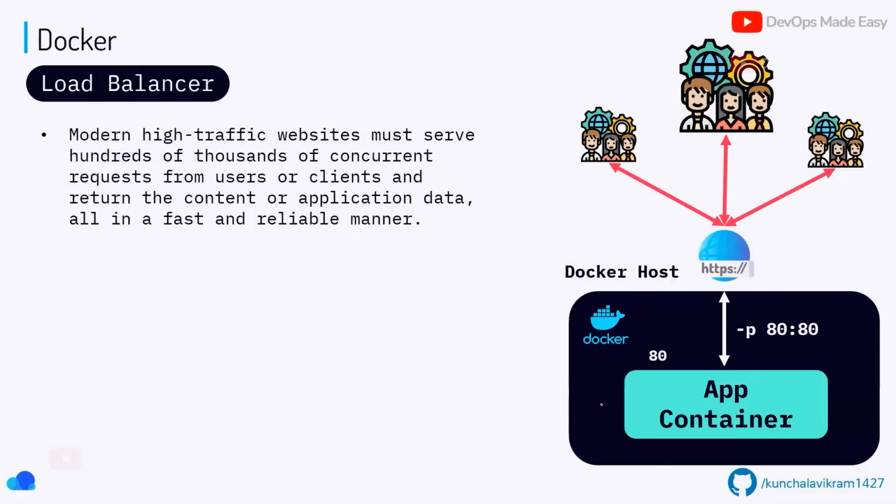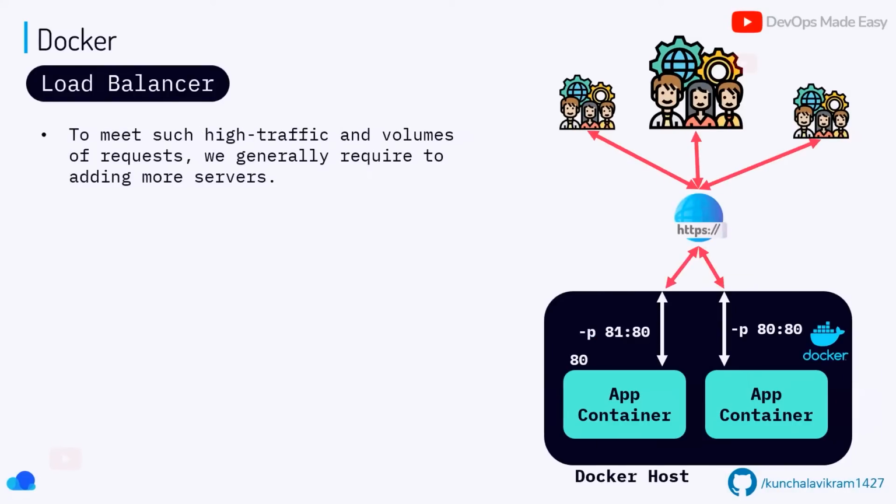Okay, so we know why load balancers are required, in case of servers or in case of containers. In case you have a single container for your application and your number of users increases, what will happen to the performance? The performance will be degraded, right? Because now a single container has to process all your requests. But what if I have multiple containers handling your requests?